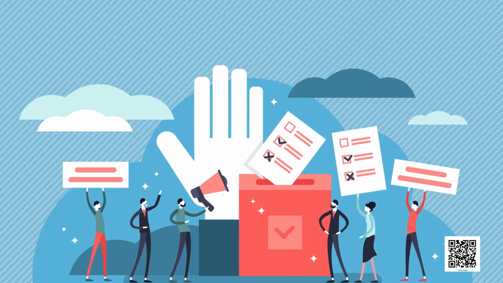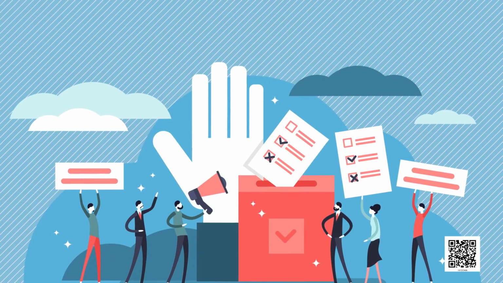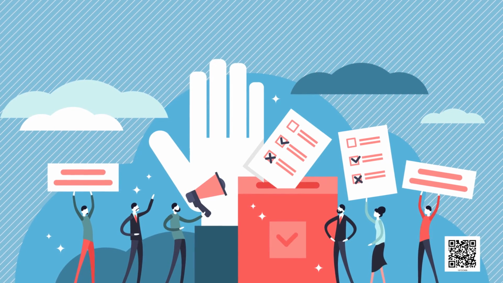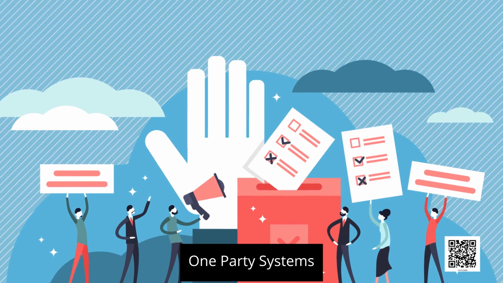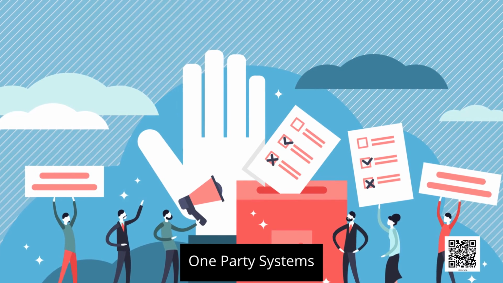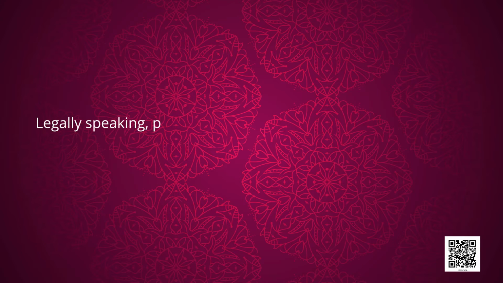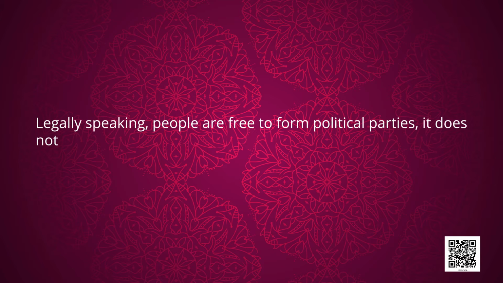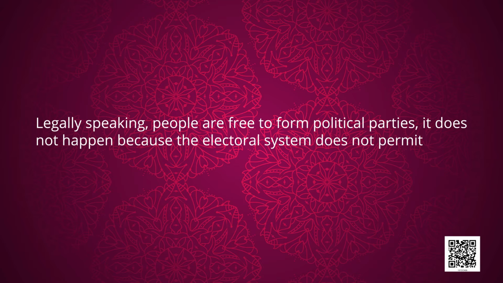In some countries, only one party is allowed to control and run the government. These are called one-party systems. Children, in class 9, you must have noted that in China, only the Communist Party is allowed to rule. Although, legally speaking, people are free to form political parties, it does not happen because the electoral system does not permit free competition for power.